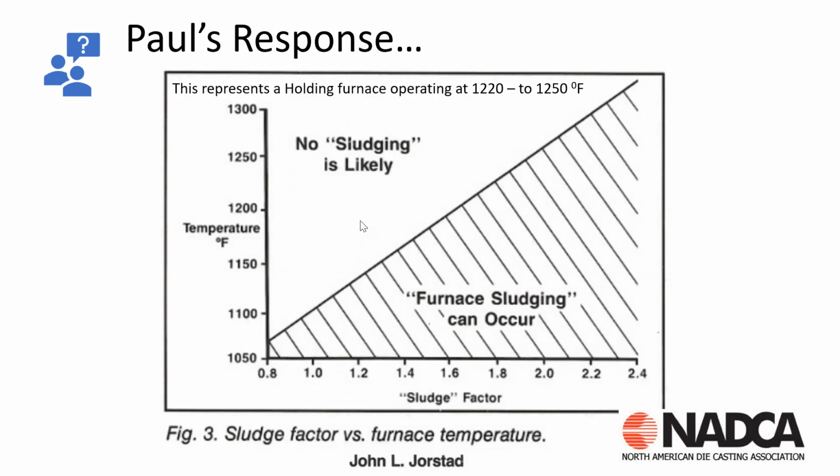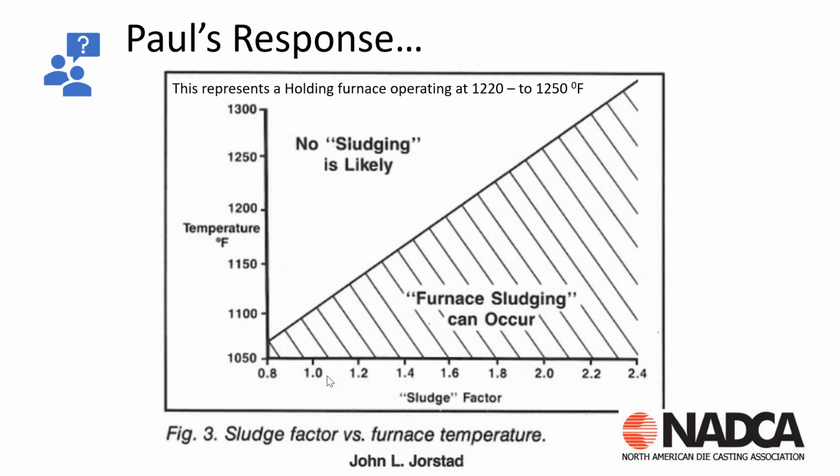We can see a graph like this, and this graph represents a holding furnace operating between 1220 and 1250, with 1235 as our set point. So we have a total of a 30-degree range, plus or minus 15 degrees. Sludging is going to occur anytime the metal temperature drops below this line based on the sludge factor.